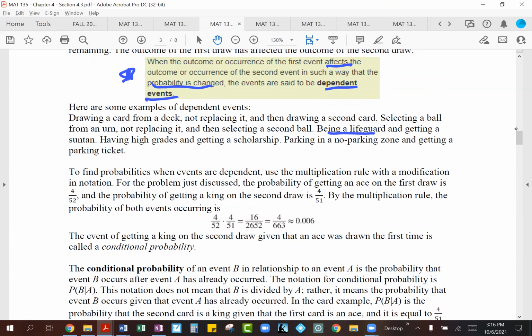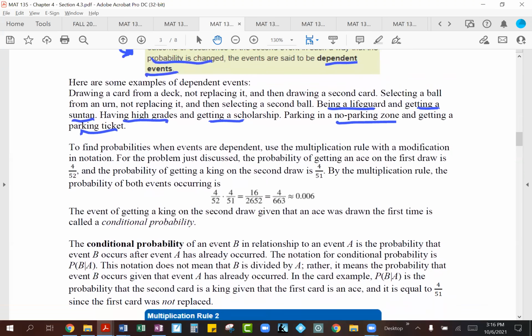If you're a lifeguard, getting a suntan is part of that, because if you're going to be outside sitting all day, obviously you're going to get a suntan. So that's a dependent event. Having high grades and getting a scholarship. So yeah, high grades can usually lead to a scholarship. So that can be dependent events. Parking where you're not supposed to park. So parking in a no parking zone and getting a parking ticket would again be dependent events.